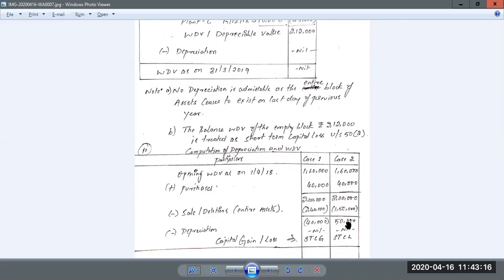So this 50,000 will be considered as your short-term capital loss. Even in this second case, since the entire asset has been sold for 1,50,000, you cannot calculate depreciation and it becomes inadmissible since the block of assets does not exist on the last day of the previous year. So this is how we have to calculate and show the answers in this problem. Hope you have understood. In case you have any doubt, please ask me. Thank you.